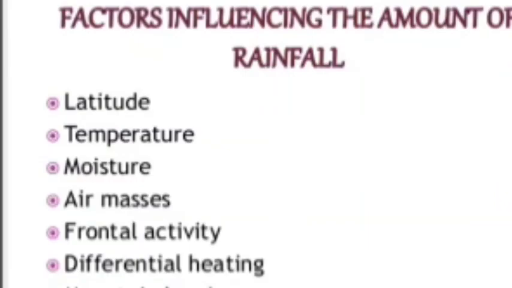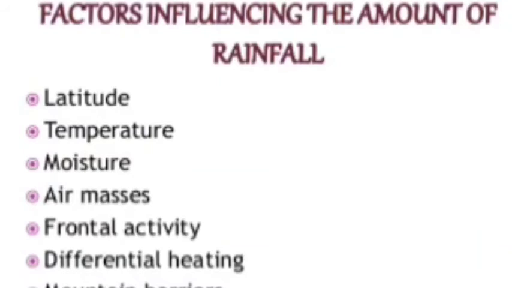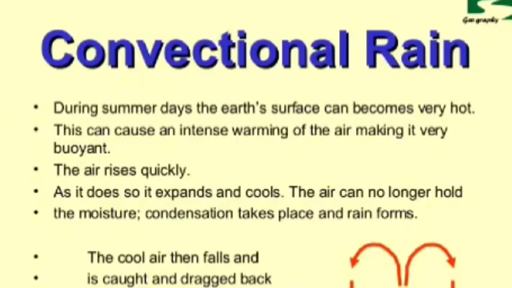What are the factors that influence the amount of rainfall? Latitude, temperature, moisture, air mass, water activity and differential heating, mountain barriers, and distribution of land and water. On the basis of origin, rainfall is classified into three main types.